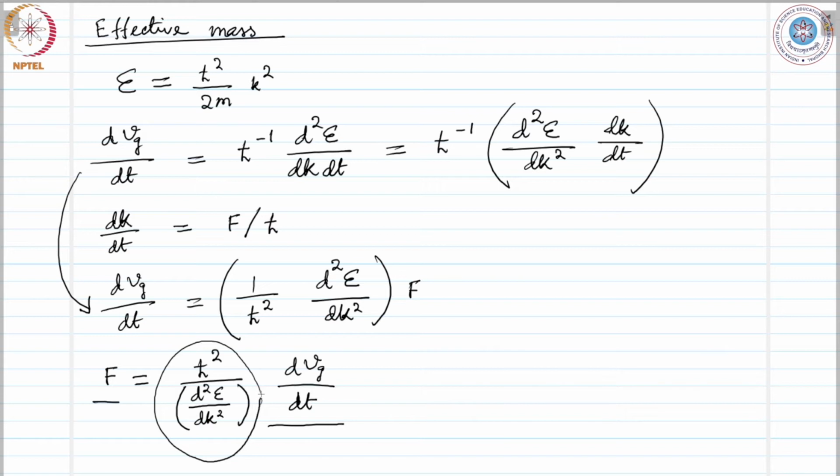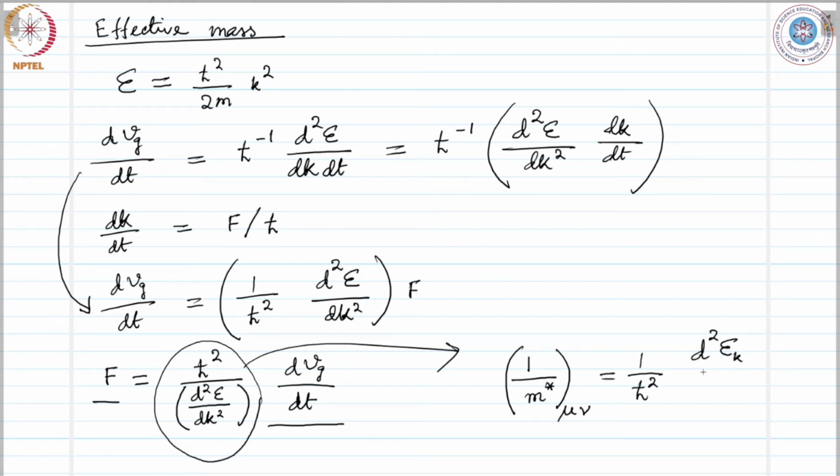In analogy with Newton's law, we can write m star as the effective mass, which would actually be a tensor: 1 over m star tensor, with μ ν as the components, is 1 over ħ² d²ε(k)/dk_μ dk_ν.